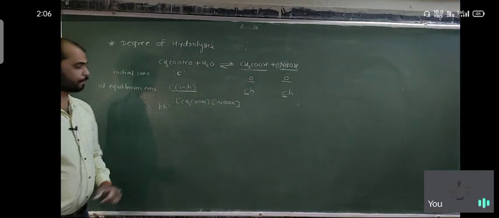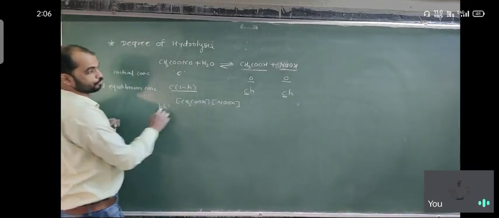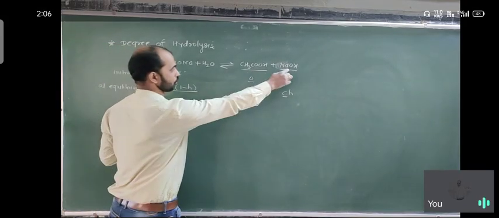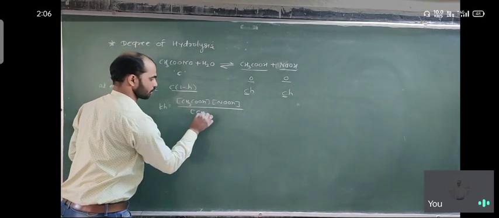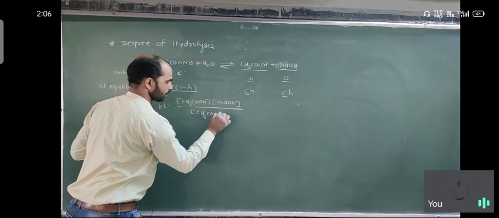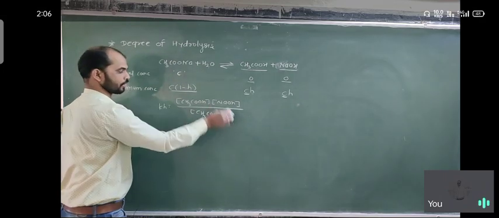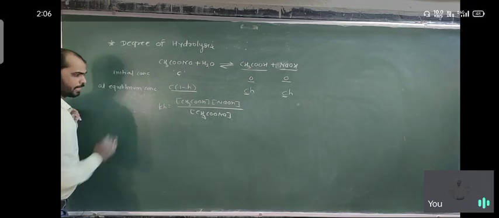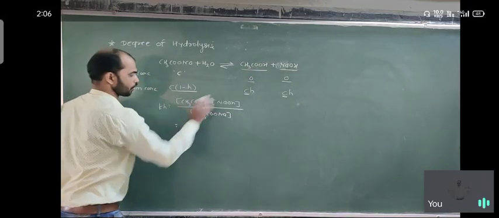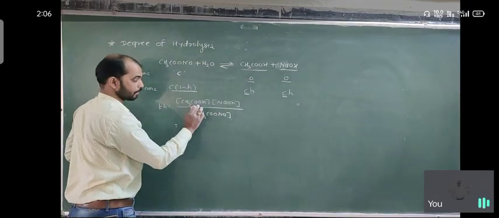According to the law of equilibrium, Kh is equal to the concentration of acid into the concentration of base upon the concentration of salt. Water is considered a constant. So what is the concentration at equilibrium of acetic acid?